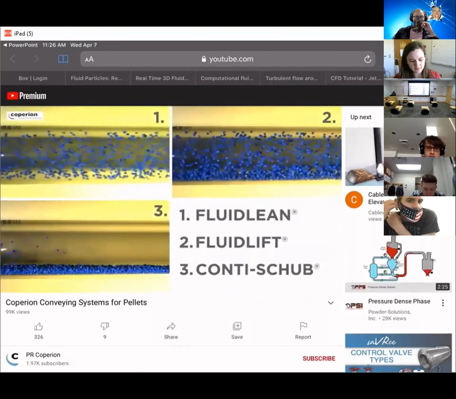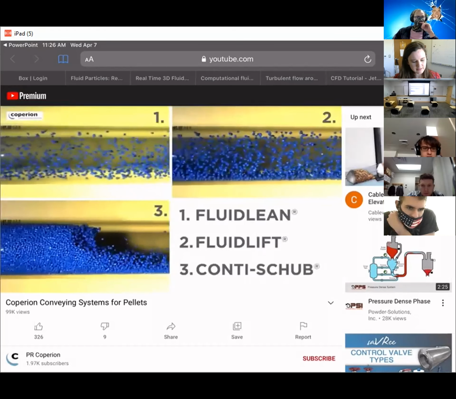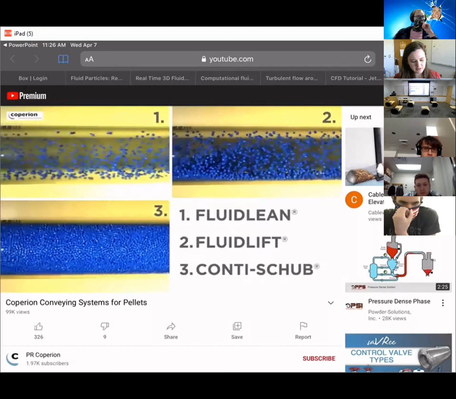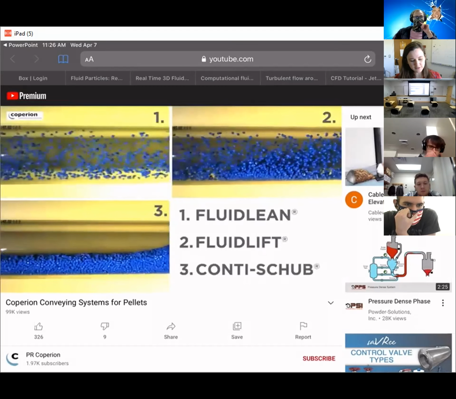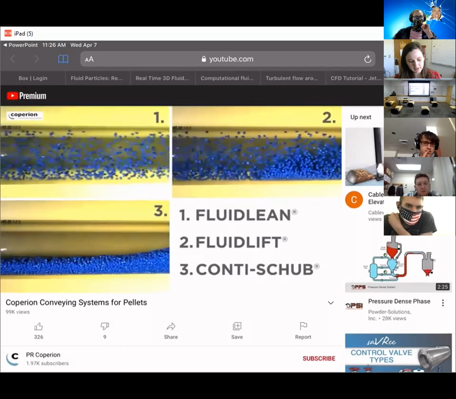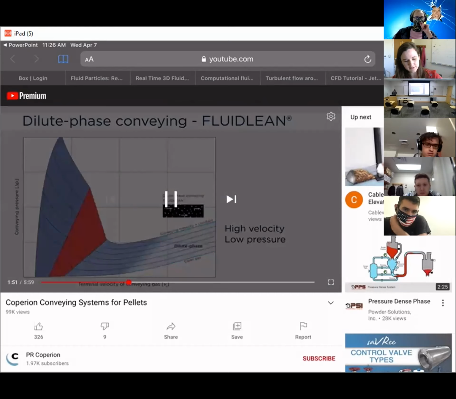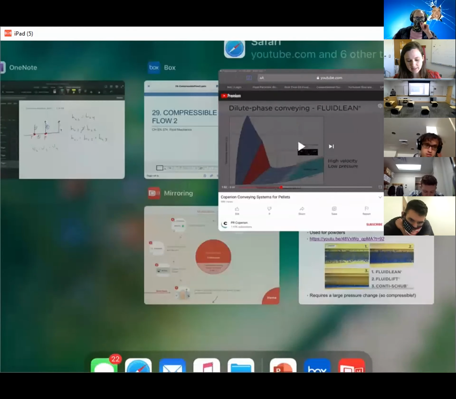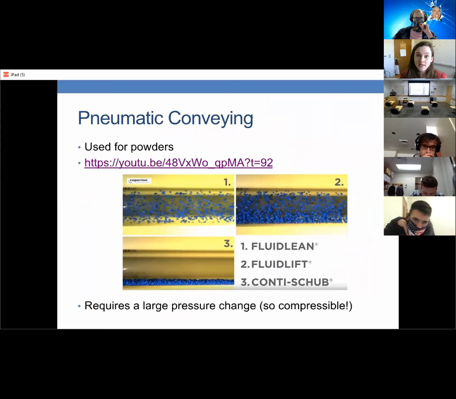This one is using it for little pellets. If it's dilute enough, it can just be flowing along. If it's heavier, you kind of need to do it in pulses of pressure. But that's the point: we use this pressurized gas to move this solid along.